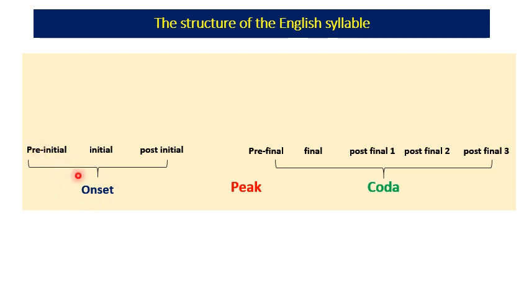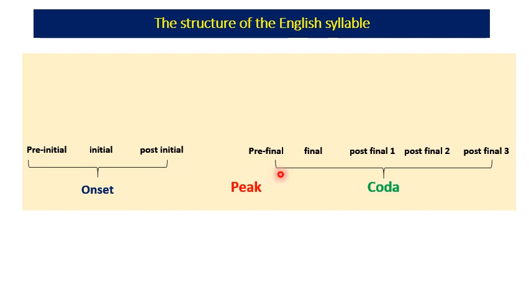The onset has three parts. It is the maximum number of consonants that a syllable in the English language might have. And this is exactly how the coda is. So it starts with pre-initial for the very beginning consonant that you have, and then you move on to the initial part as well as the post-initial.